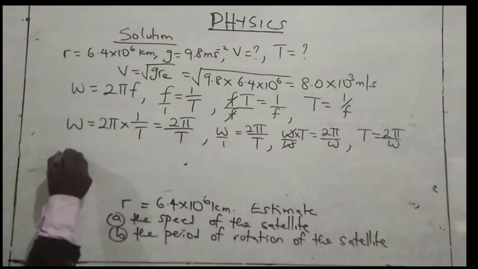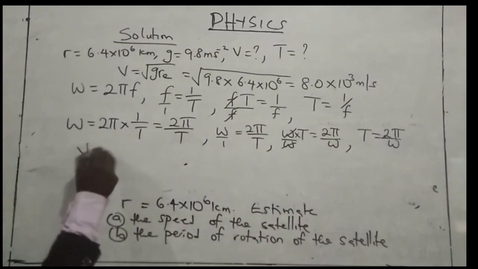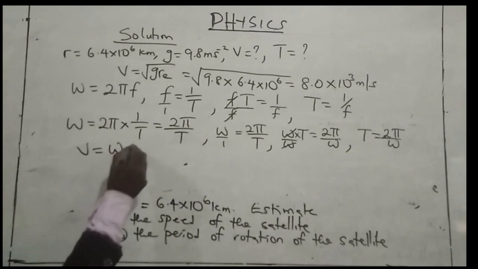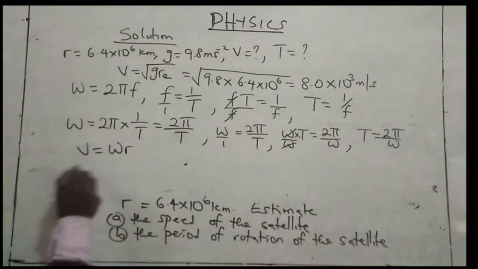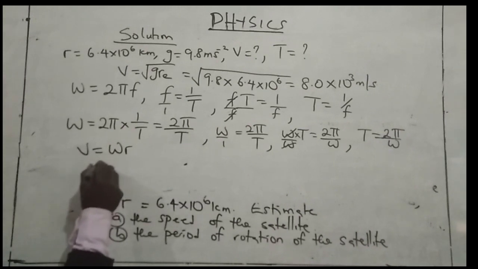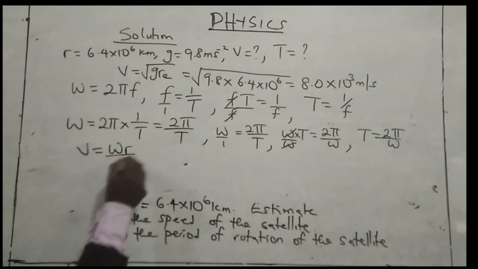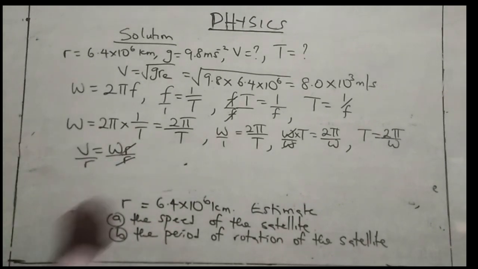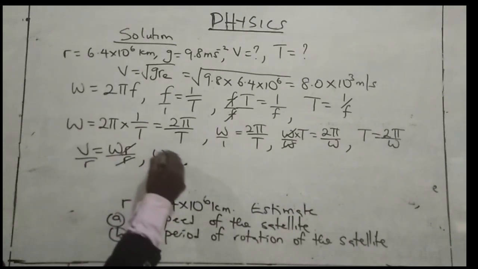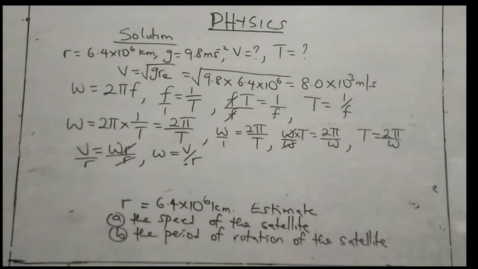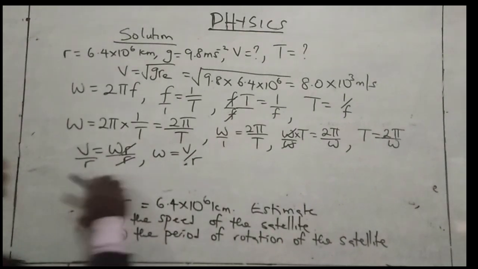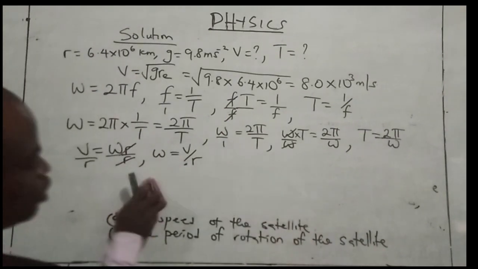And don't forget, our velocity equals omega r under simple harmonic motion, and we are looking for omega, which is v divided by r, so that radius will cancel out. Omega now equals v over r. You substitute angular velocity as v over r.